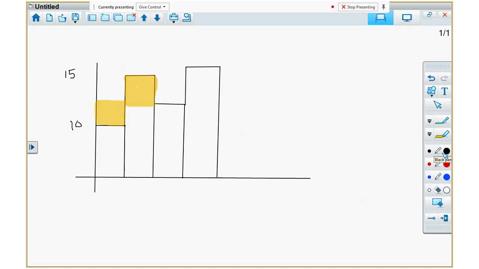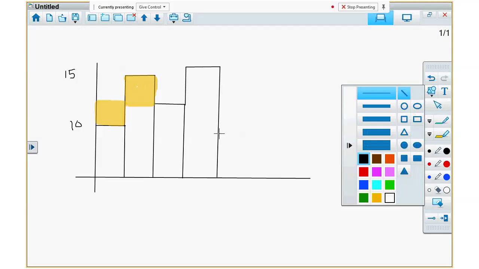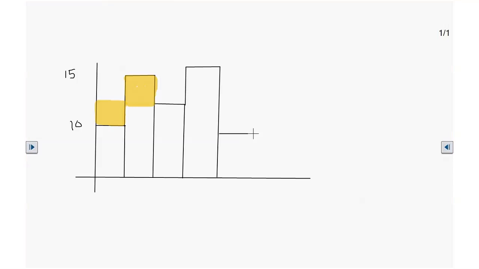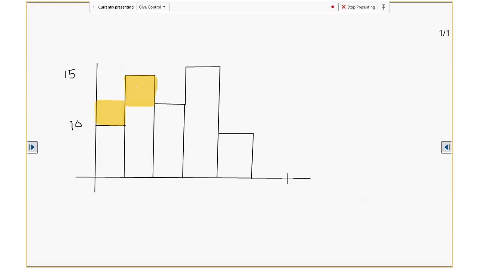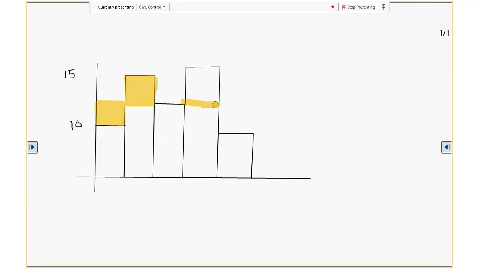I've got to add one more, sorry. And then I take this guy and I cut this off right here. And I flip it over and put it right here.